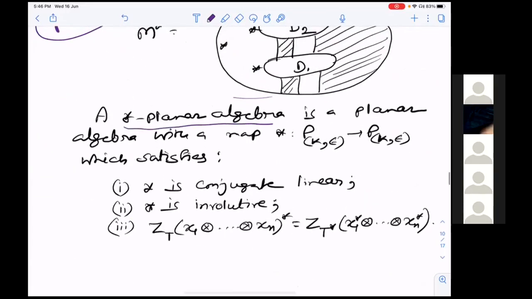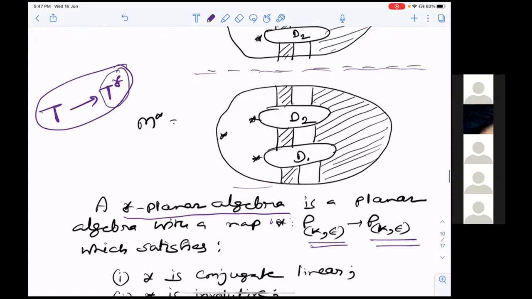Now, by a star planar algebra, I mean a planar algebra with a map, a star, for each P(k, epsilon) to P(k, epsilon). This is just a notation. This is not the same star as the T star we have defined here.